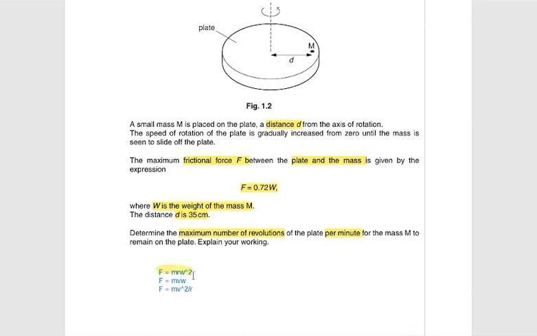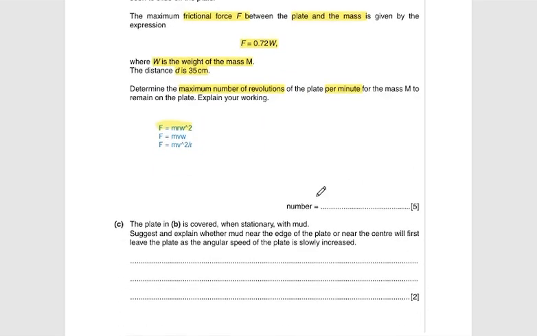So the best thing that you can do is that we go for this formula, F equals mr omega square. Why? Because maximum number here means frequency, and we can find frequency once we find omega, because omega equals 2 pi f. So first we'll use this formula.